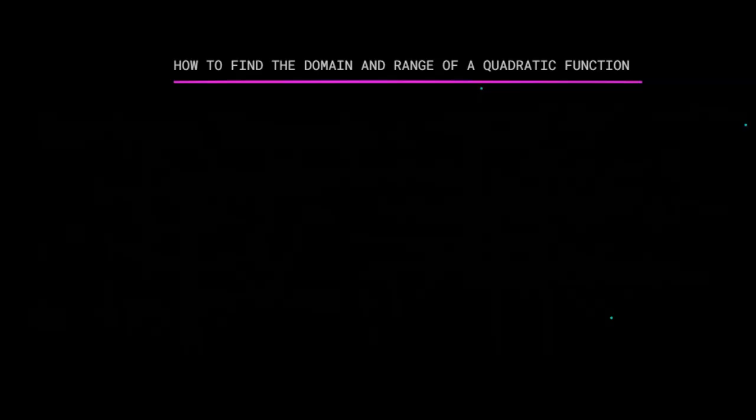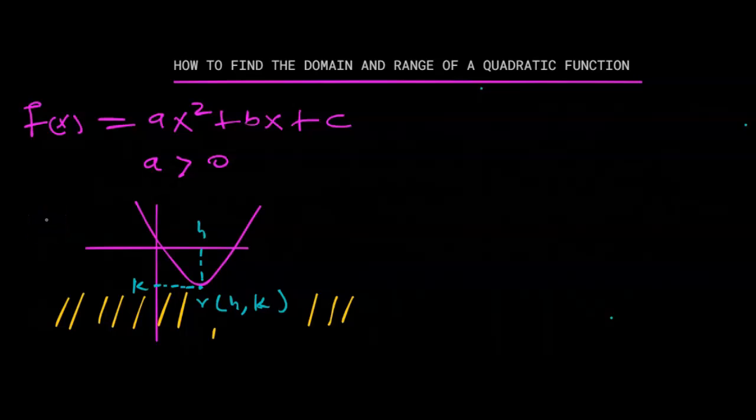Now let's find the range of a quadratic function with a minimum turning point. Now for the function in the form ax squared plus bx plus c, if a is greater than 0, I stated that the graph is going to look this way with a minimum turning point.